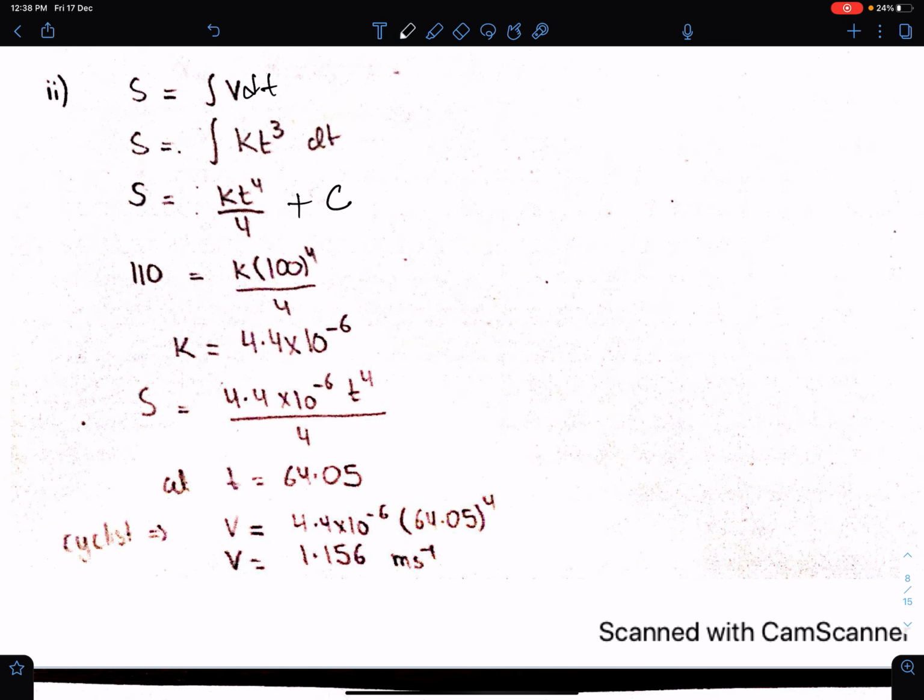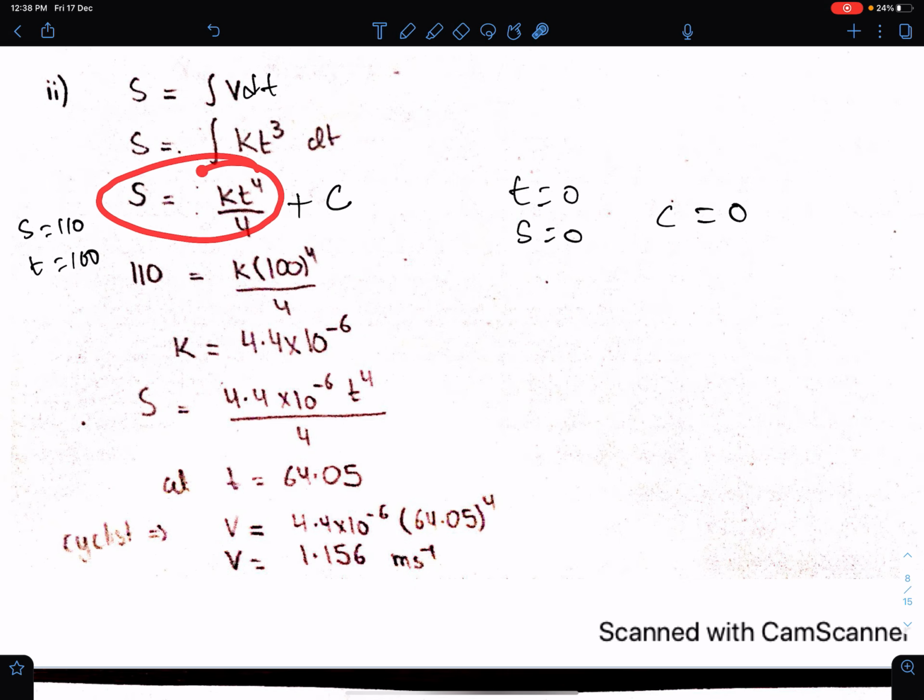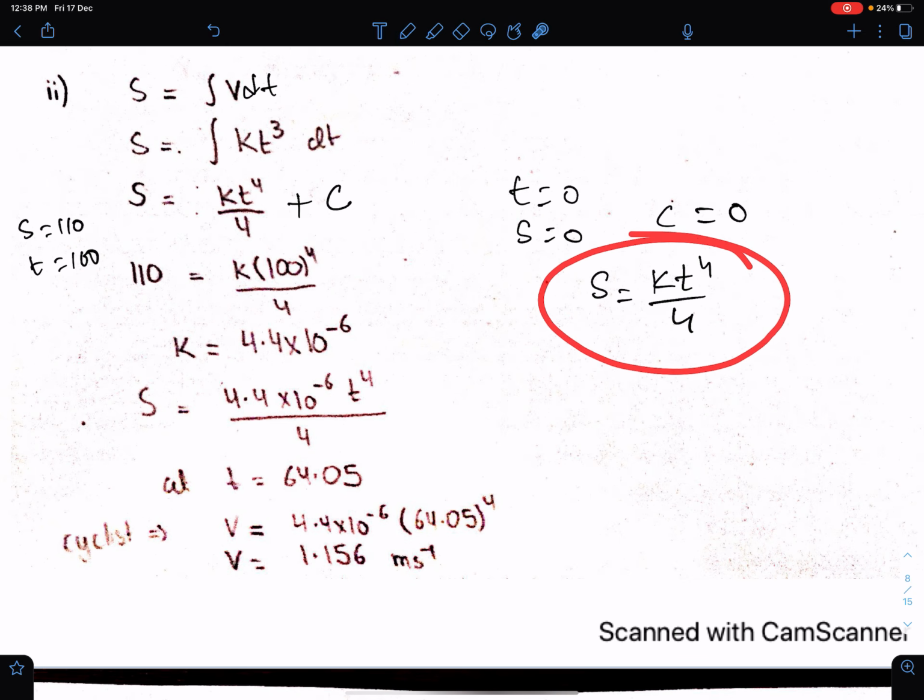And when we substitute t = 0 and s = 0, we will get c = 0. So this is the equation of displacement. Now we just need to put s = 110 at t = 100 into this equation. This is the equation of the displacement, kt to the power 4 over 4. When we substitute these two things into this equation, we will get the value of k.